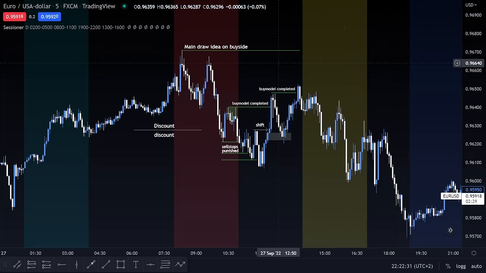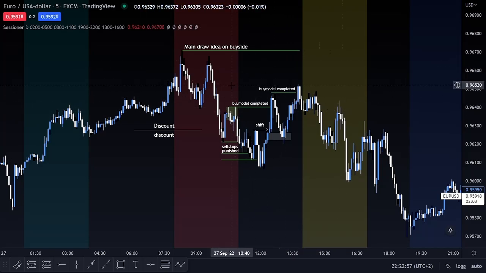But when price is selling off during the London session, creating lows, I wanted to see a clear shift. That happened right here. We swept above this old low and created a nice displacement up, an impulsive price leg completing this buy model above those equal highs.